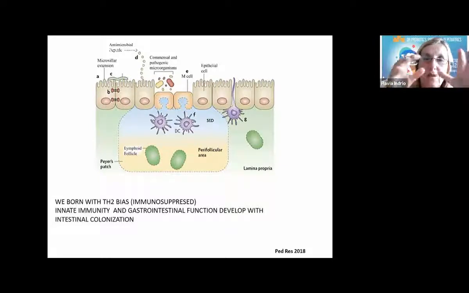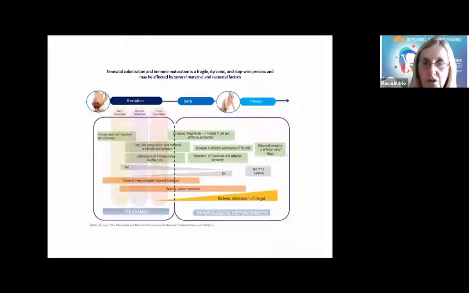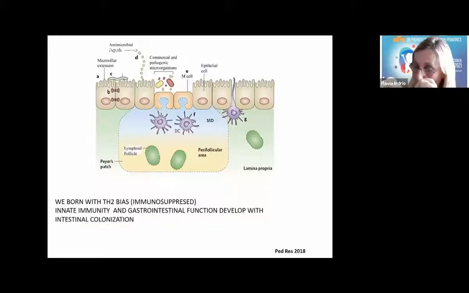Why is this so important? Whenever we start the colonization, we decide which kind of maturation we want for the immune cells of acquired immunity, because we have innate immunity and that's it. But the crosstalk between innate and acquired immunity is regulated by the colonization of the intestine.